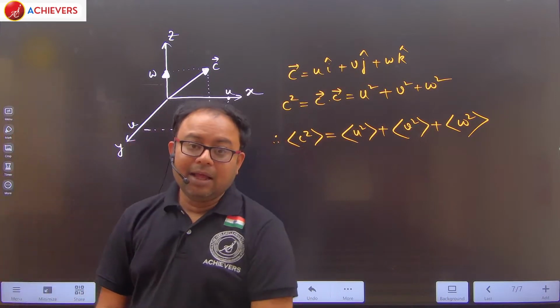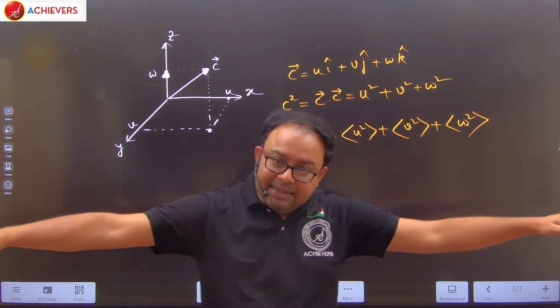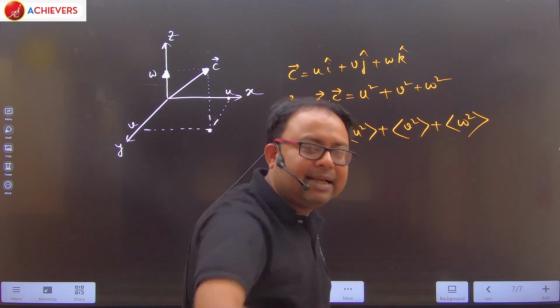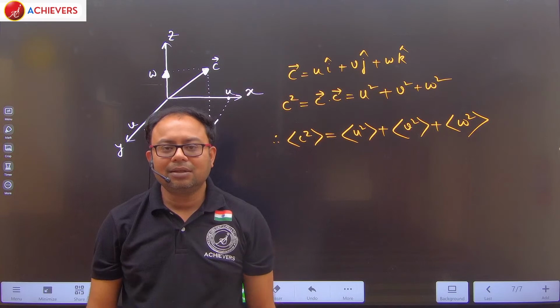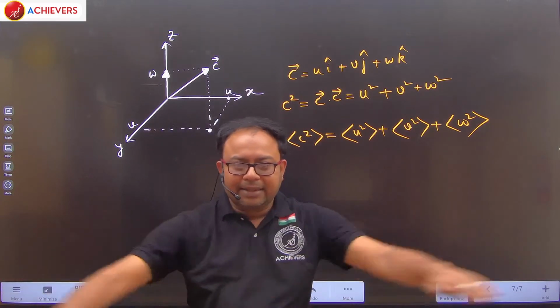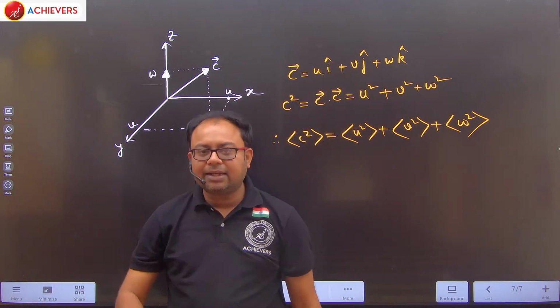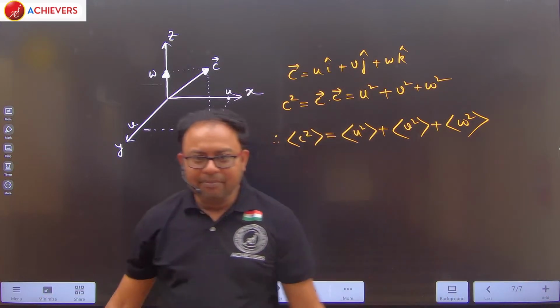That means the probability of motion along x-axis is exactly equal to the probability of motion along y-axis, is exactly equal to the probability of motion along the z-axis. They are all the same.